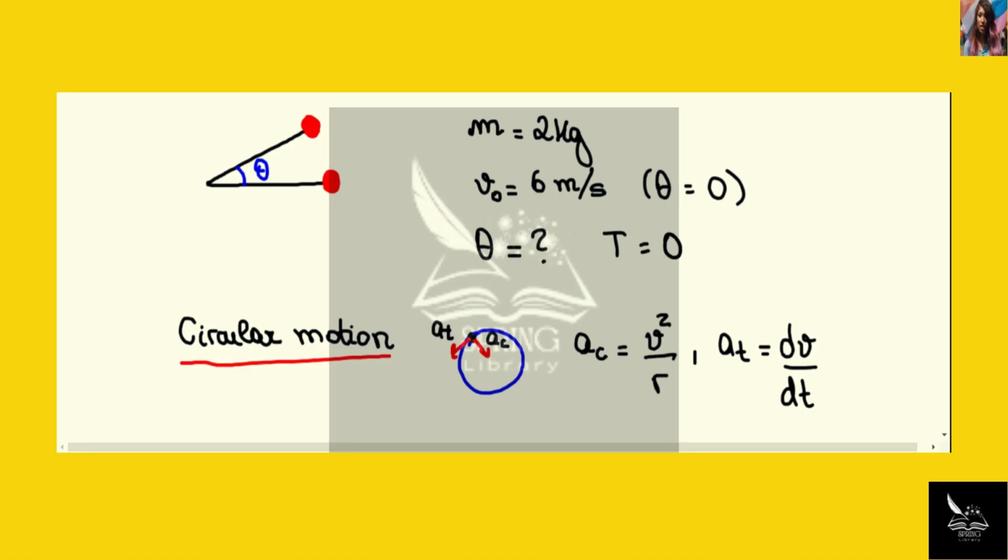Okay. So what I'm going to do is to draw a free body diagram for an arbitrary value of theta. Okay, so here is the pendulum bob. We have the tension that's pointing in the same direction as the string. We also have the gravitational force.